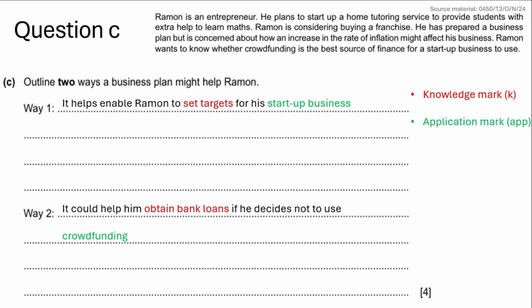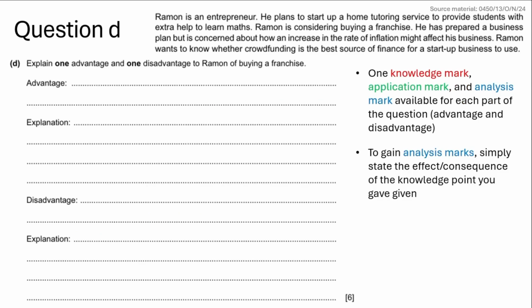Let's move on to part D. This is a bit more difficult than the previous questions we've looked at. You're working for 6 marks, of which there are 2 sides to argue. Explain 1 advantage and 1 disadvantage to Ramon of buying a franchise. Each side, you're working for 1 knowledge mark, an application mark again, and an analysis mark this time.